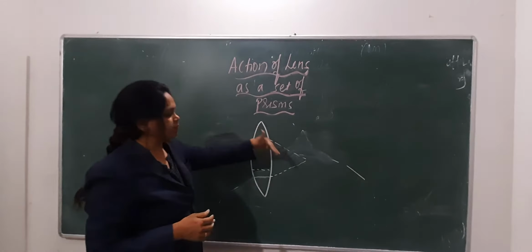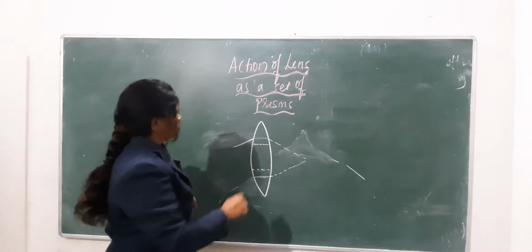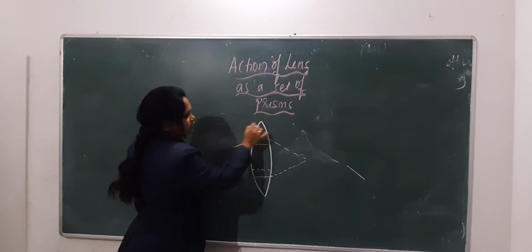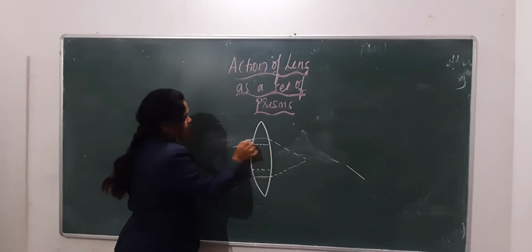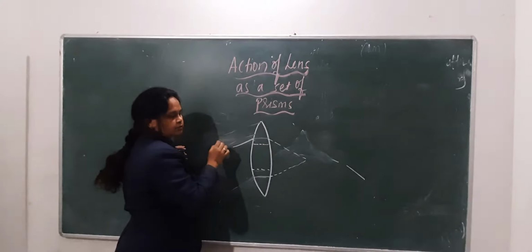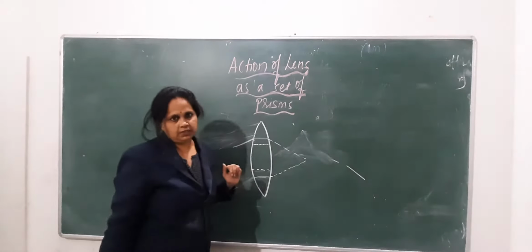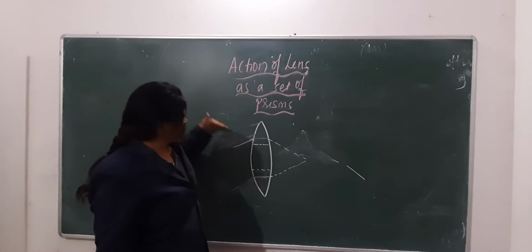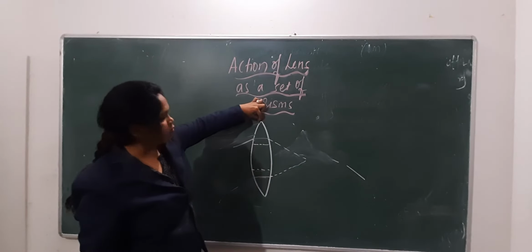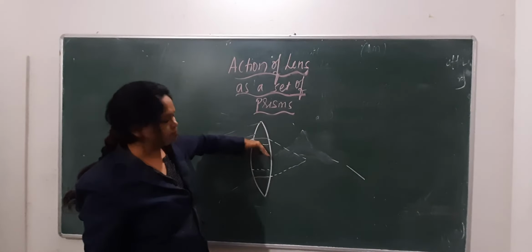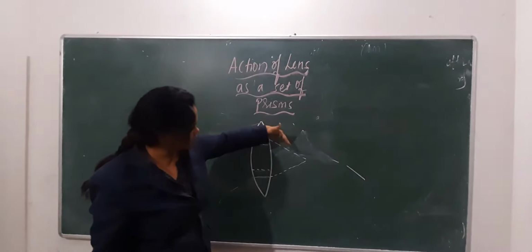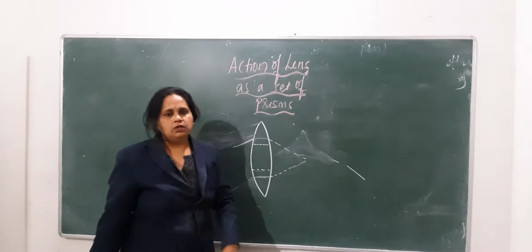And one more interesting thing: the more the ray of light comes from the edge, the more it bends towards the base. Whenever the ray of light passes through the edge, it bends more and more towards the base. That means it converges more and more.